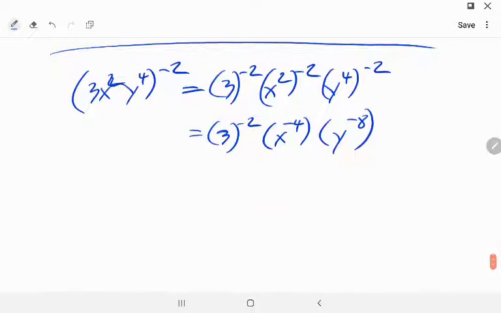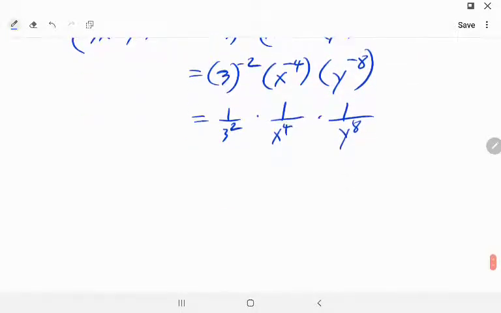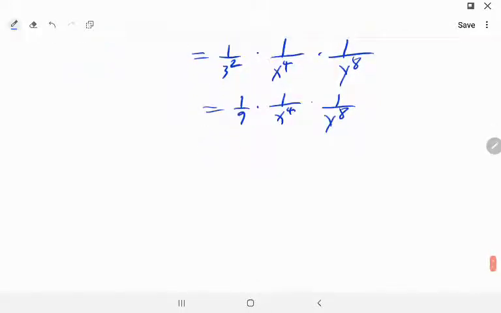And so if we don't care about negative exponents, we could possibly leave it that way, but at the very least 3 to the negative 2 we should write as 1 divided by 3 squared, and then it's probably helpful to write that as 1 divided by x to the fourth and 1 divided by y to the eighth. And so we get 1/9 times 1 divided by x to the fourth times 1 divided by y to the eighth, or we could write that as 1 divided by 9 x to the fourth y to the eighth.